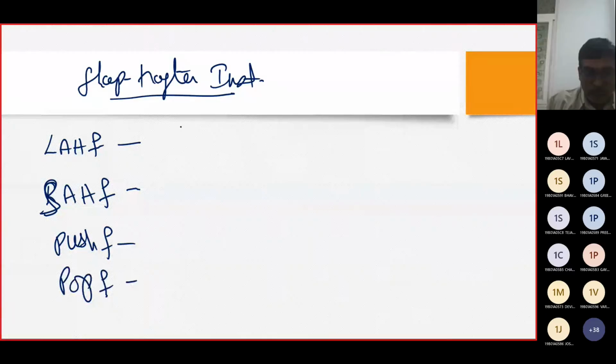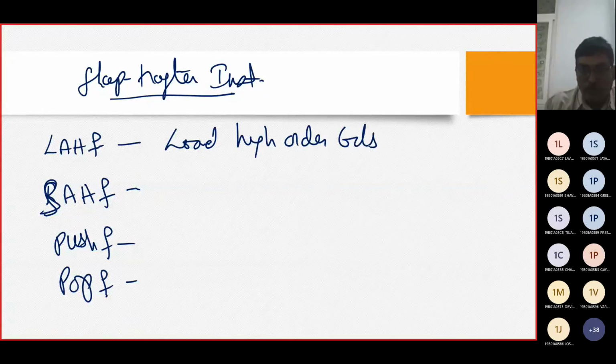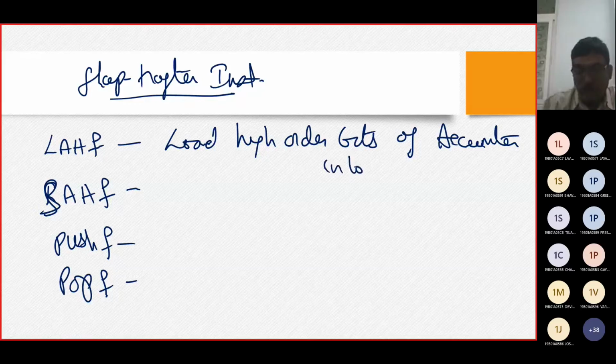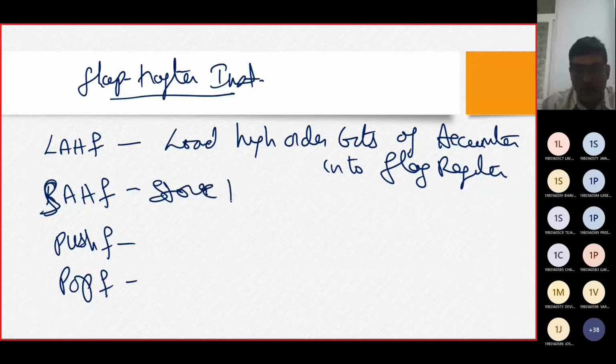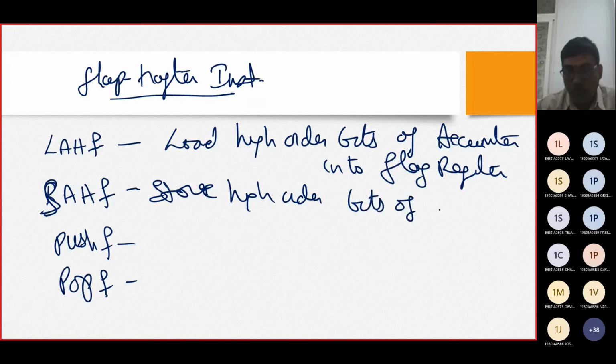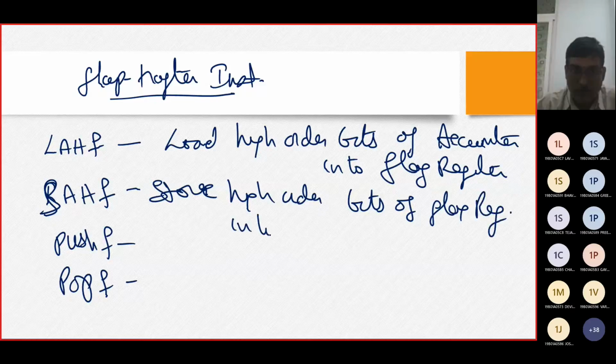So LAHF: load high order bits of the flag register into the accumulator. Similarly, SAHF is going to store high order bits of the accumulator into the flag register.